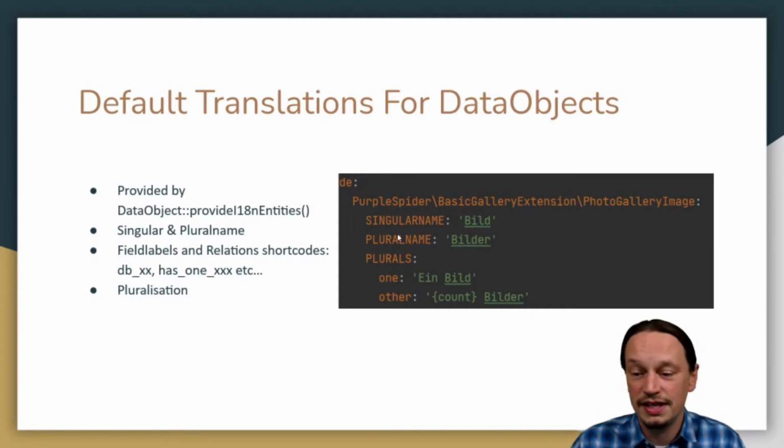So the singular name and the plural name can be translated here, and also the plurals. So for one image, we have the translation "ein Bild", one image, and for more than one image, we have "number of image Bilder", so the number of images.